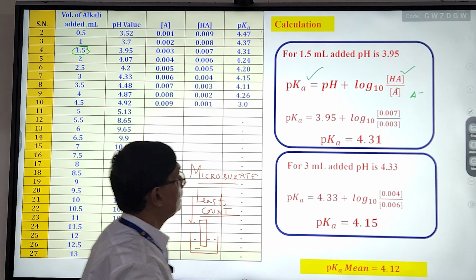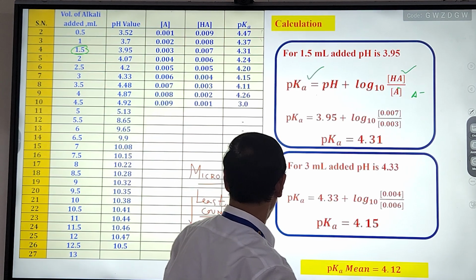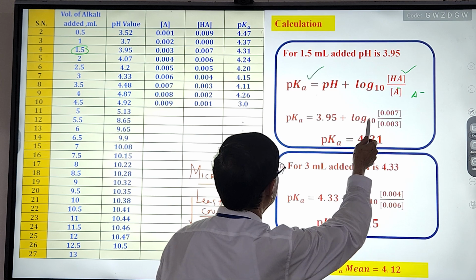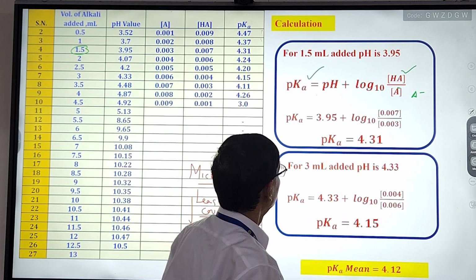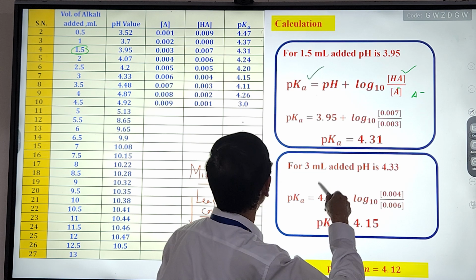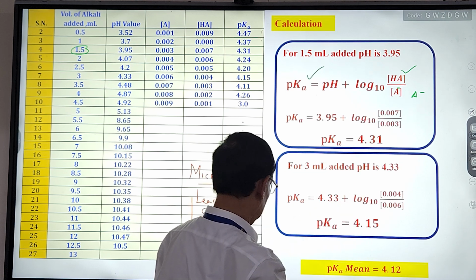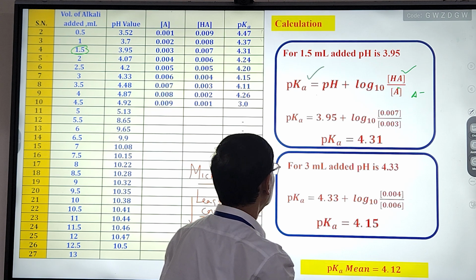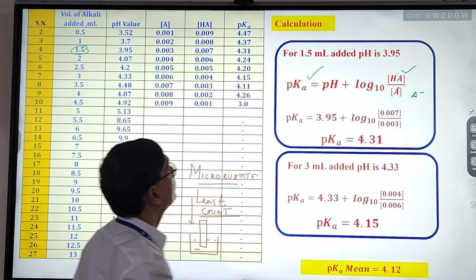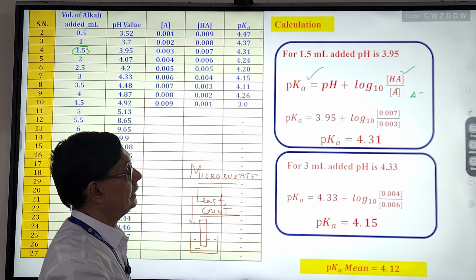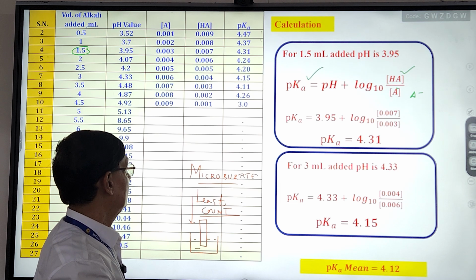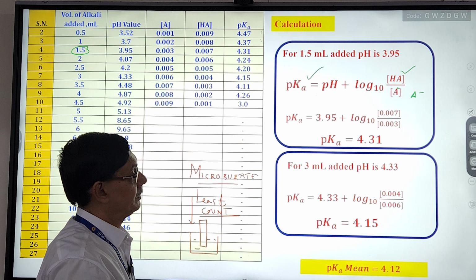So how do they calculate this HA and A negative? Have you mentioned it? There is a process of the calculation. This is not mentioned here.